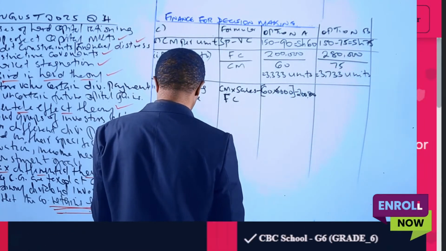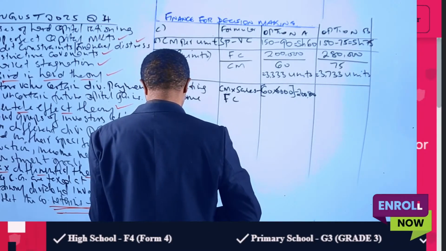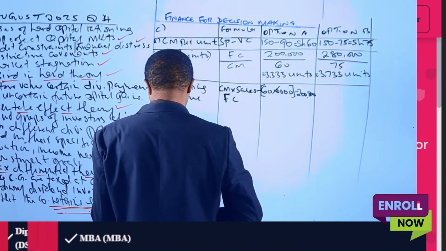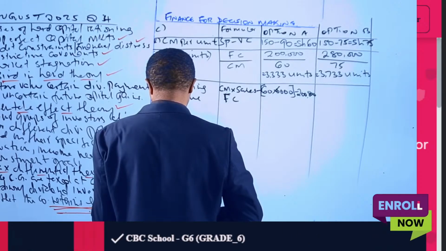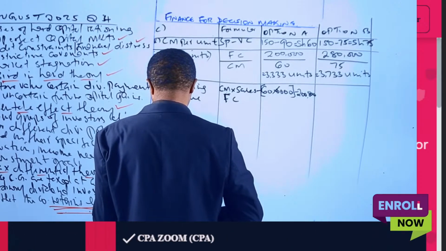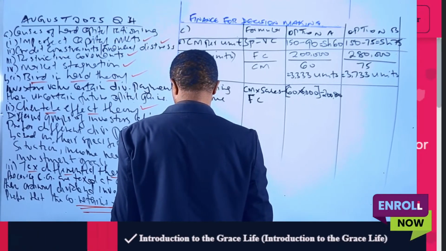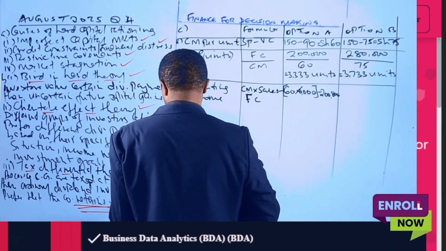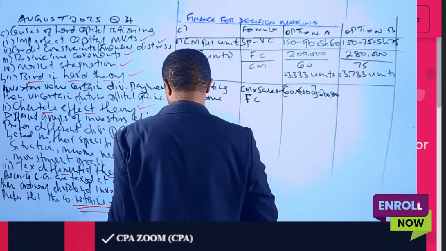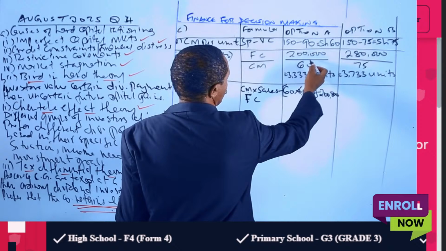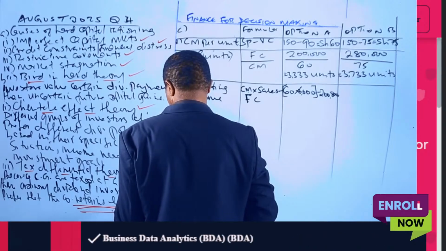So this is 60 times 6,000 minus the fixed cost, which is 200,000.